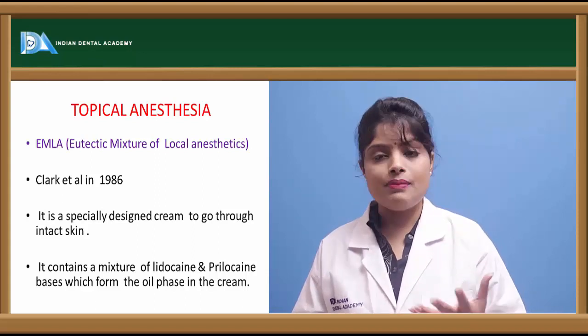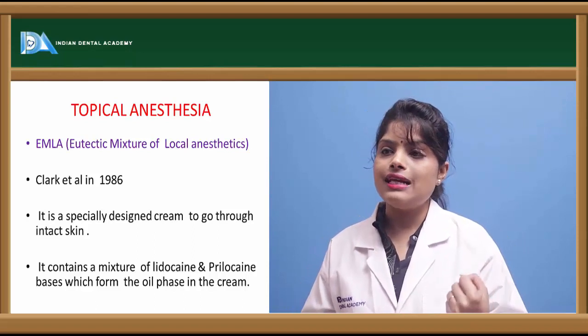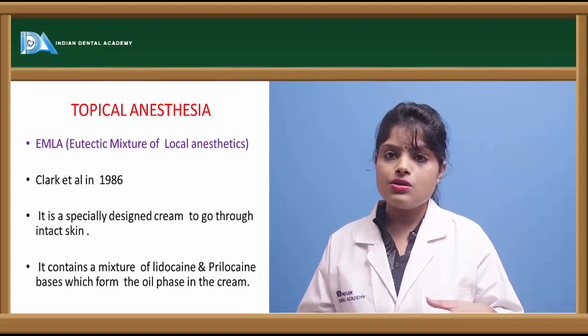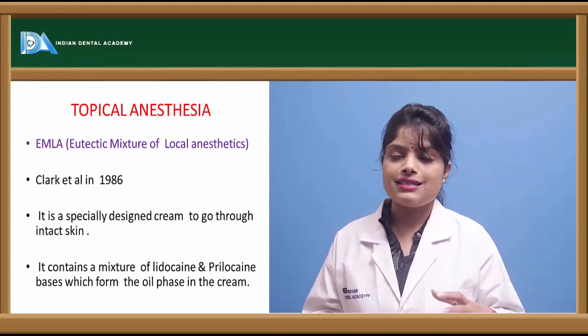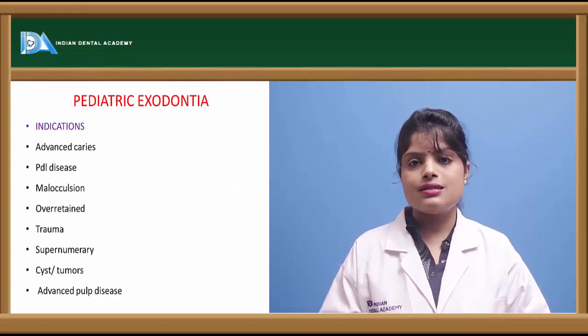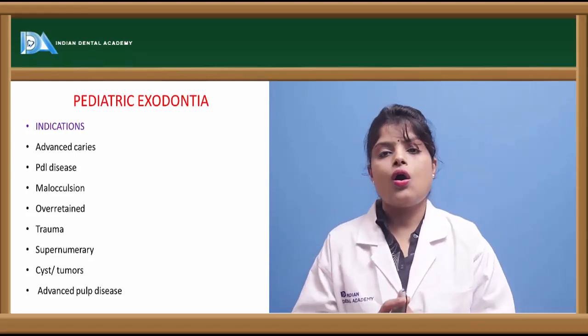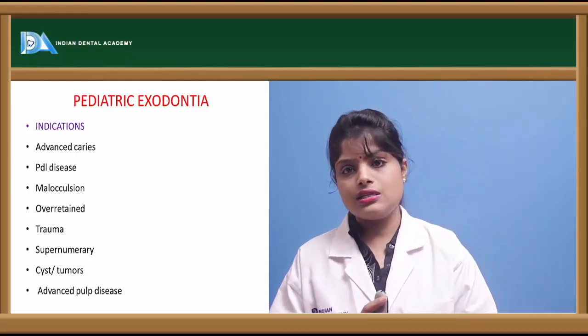So this is a good application in pediatric dentistry, as it prevents the child from feeling the prick of the needle. This was developed by Clock et al. in 1986. Now, after discussing local anesthesia in detail, let us progress to pediatric exodontia, or extractions in pediatric dentistry.